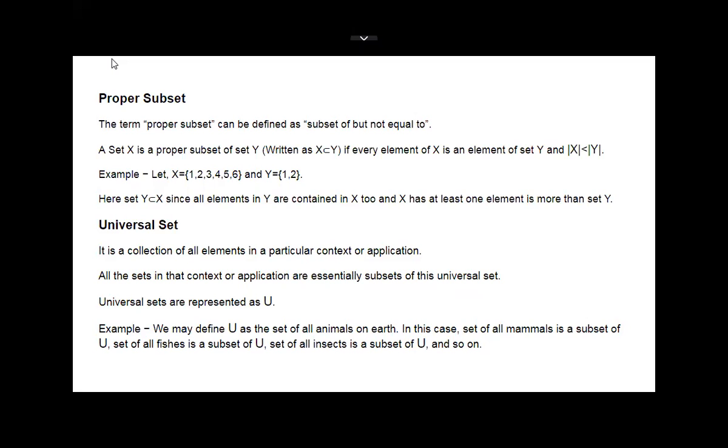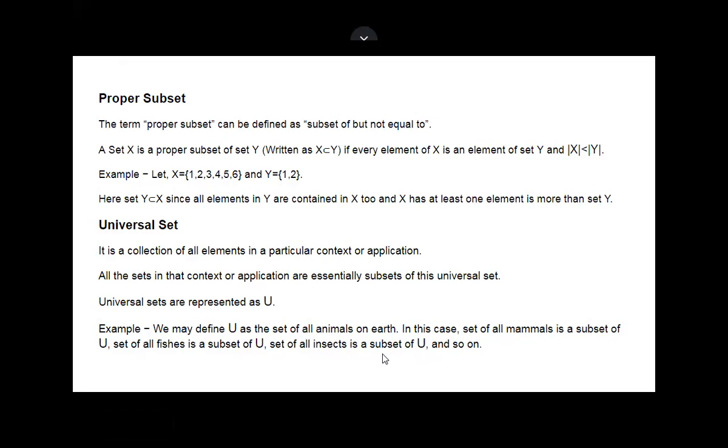Getting? If we take the example of animals here, as it is there in the slide, you can see at the bottom. In this case, set of all mammals is a subset of U, set of all fishes is a subset of U, set of all insects is a subset of U, and so on.